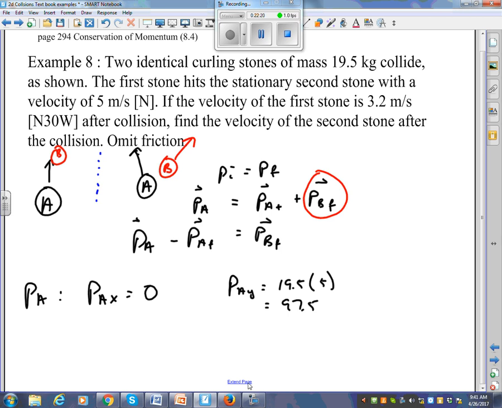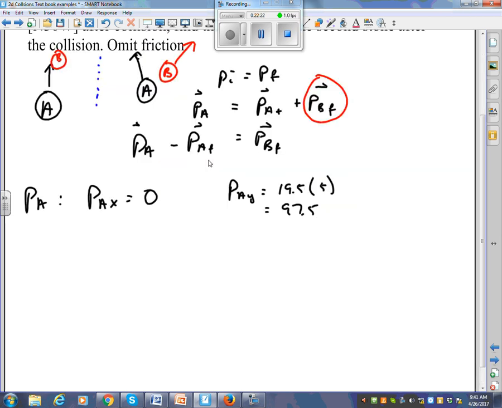Okay, so now I've got to find PAF. PAFY. Is that right? Yes, PAFY. Oh, those grade 11s, their heads would explode. The momentum of rock A after collision, final, but only the Y component.